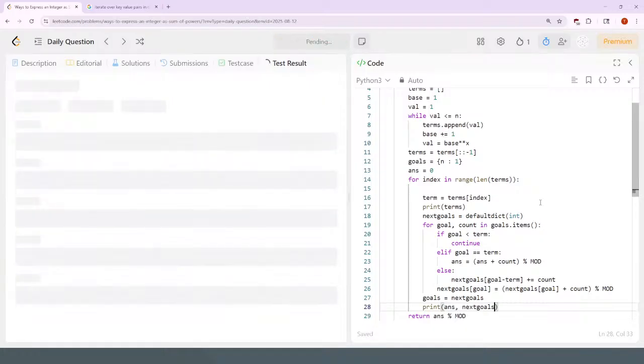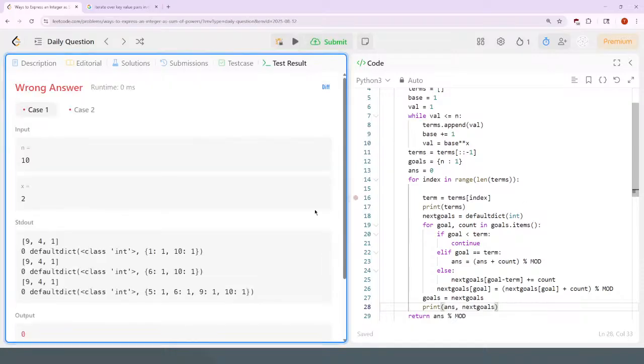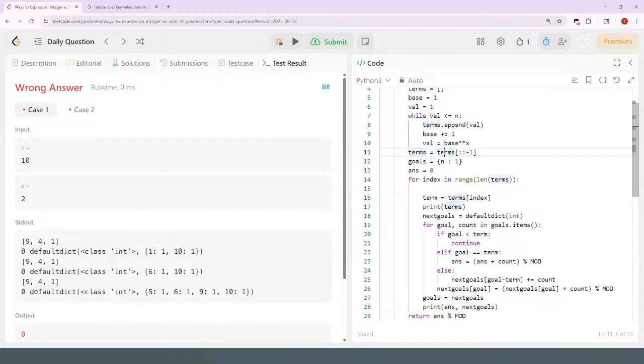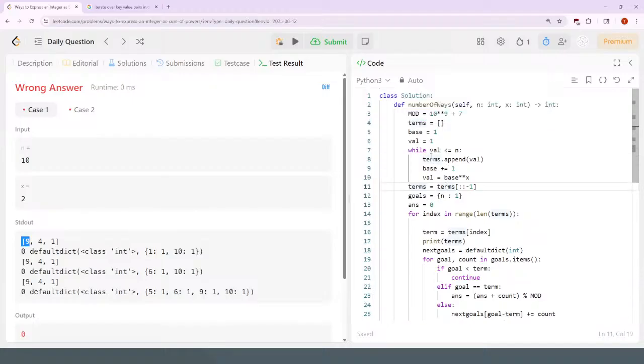Okay. This is an unusual value for the term. Terms at index. I thought that'd be 9 at this point. Did I misspell something? Terms, and index in the range of the length of terms.